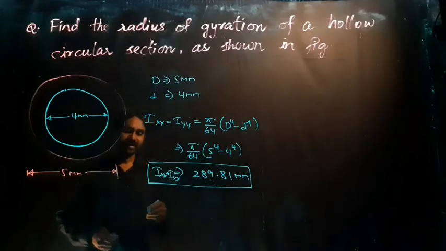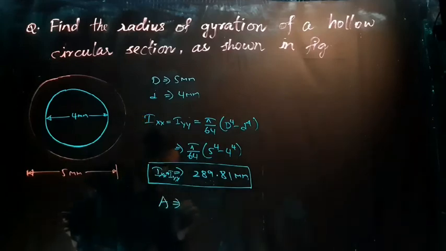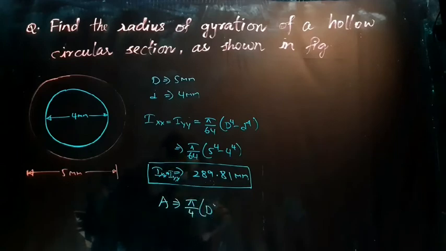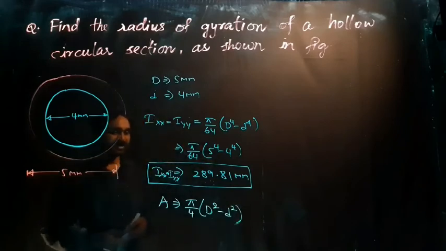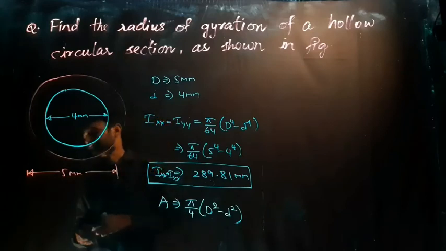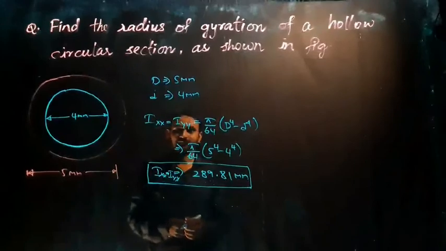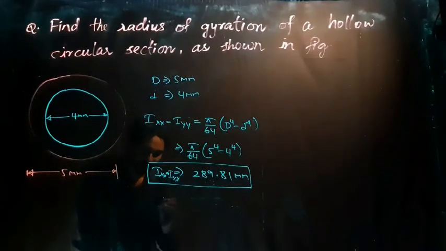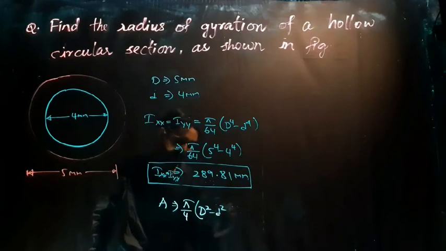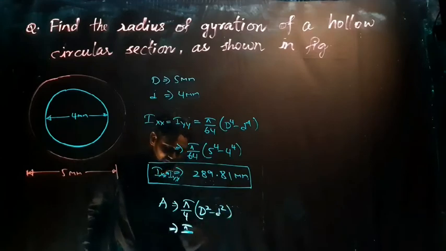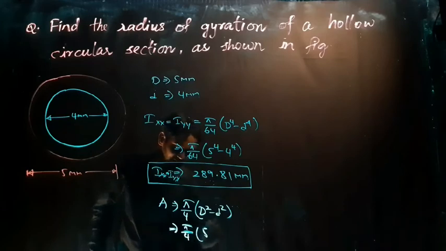Similarly, you need to find out the area of the section. What is area of the circular section? A is nothing but pi by 4 into D square minus d square. Now let's find out the area also of the section. Area equal to pi by 4 into D square minus d square, the formula for the hollow circular section. Here pi by 4 into, what is capital D? 5 square minus 4 square.